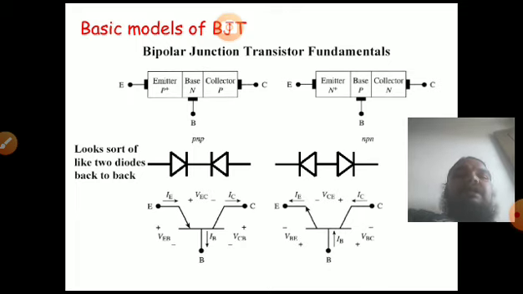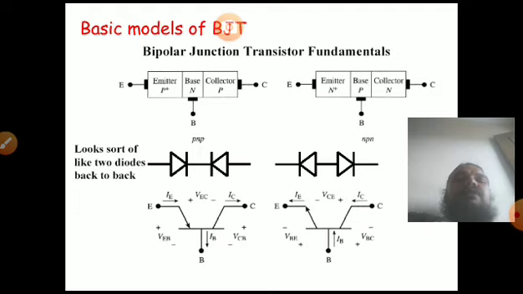Emitter, base, collector. In a PNP transistor, two P-type materials are sandwiched by one N-type material, whereas in an NPN transistor, two N-type materials are sandwiched by one P-type material.